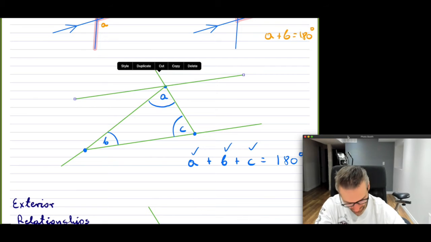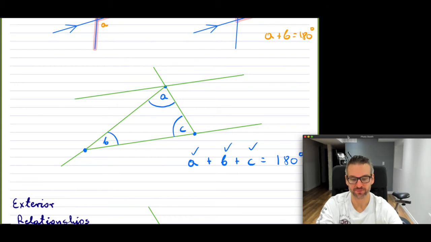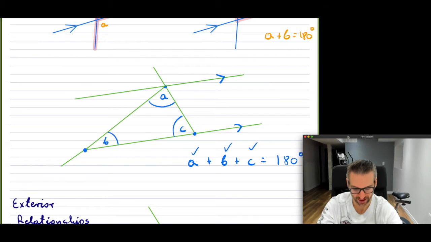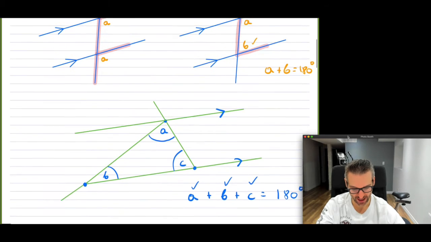If you do that, then this line is parallel to this line. With that little trick, you can pretty easily find out that A plus B plus C is equal to 180 degrees by using just what we had right here.